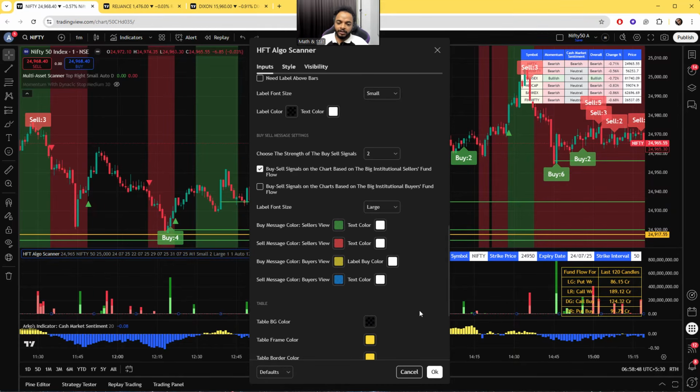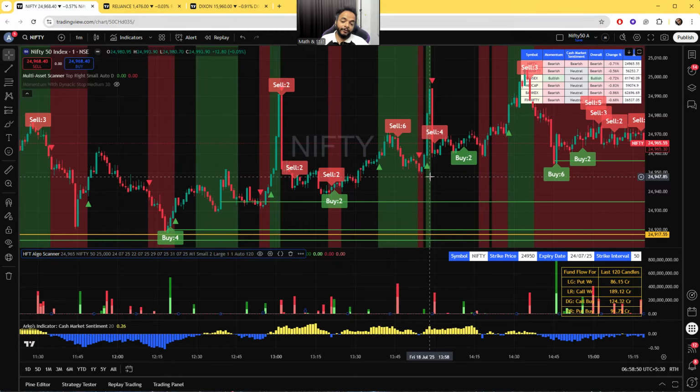Okay, so that is the main thing, and the very important thing is that all these buy sell signals are being generated with the help of algorithms. That means they are coming based on data points, whether the data points are signaling bullishness or bearishness. So these are being generated on predefined algos. Okay, so please note that there is no buy, sell, or hold recommendation from our side.